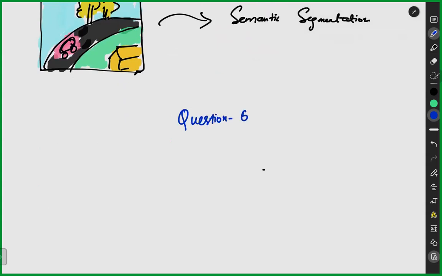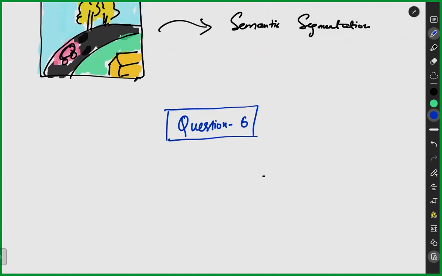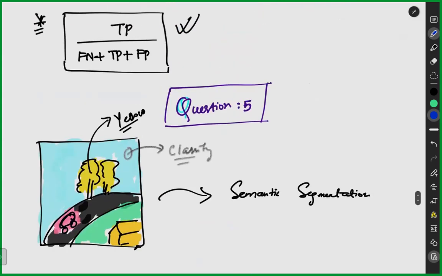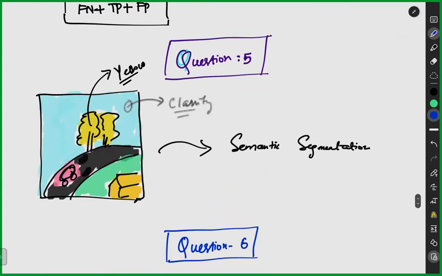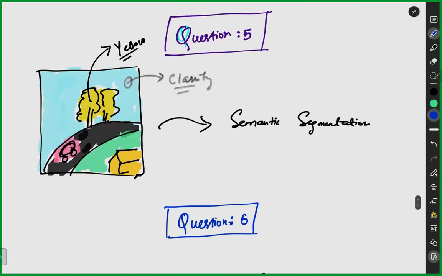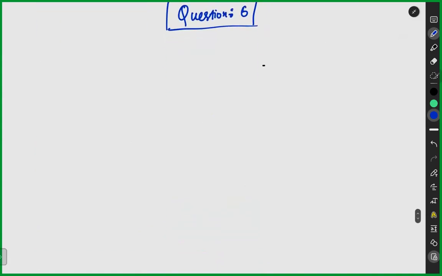Question number 6. Consider U-Net and SegNet architectures which have been modified to have the same depth and number of convolutions in each layer.